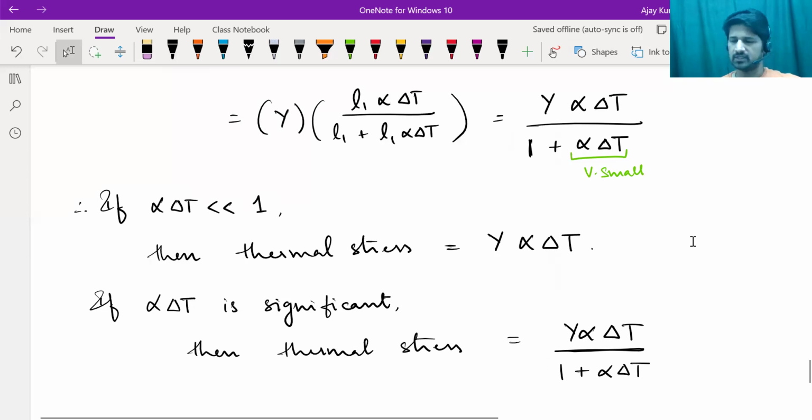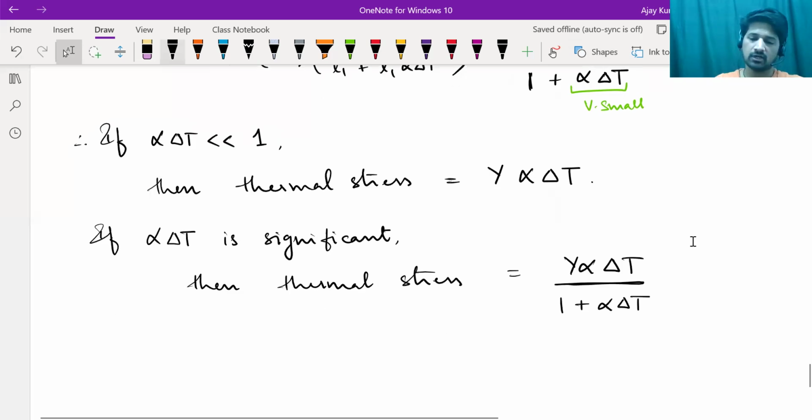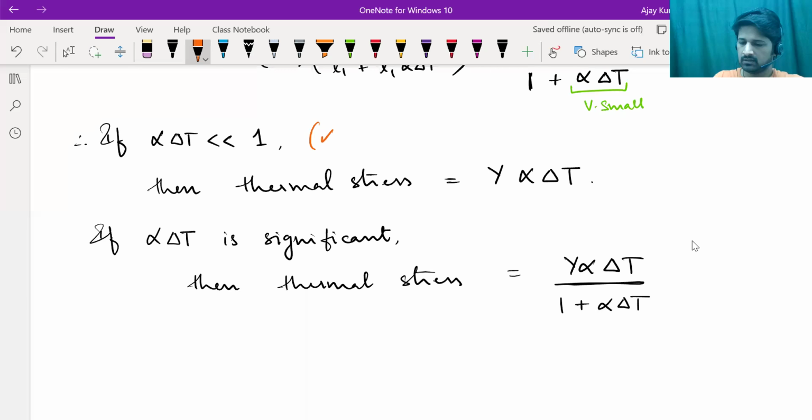Whether it is significant or not depends on the data given in the question. How do you decide? If alpha delta T is less than 1/10, that means 0.1, then you can ignore it. If it is more than 0.1, don't ignore it.